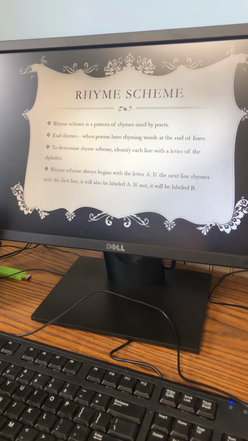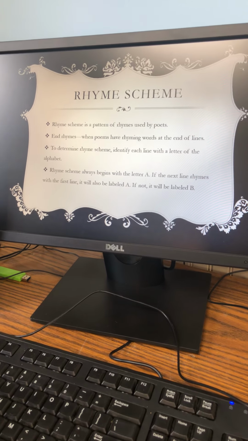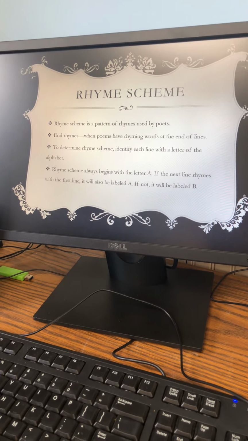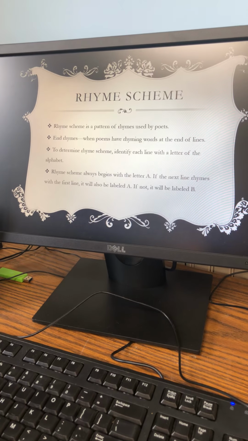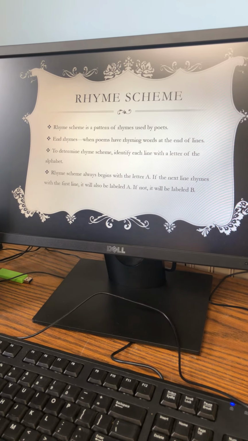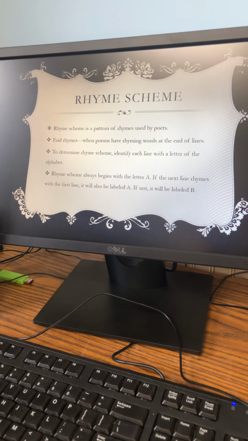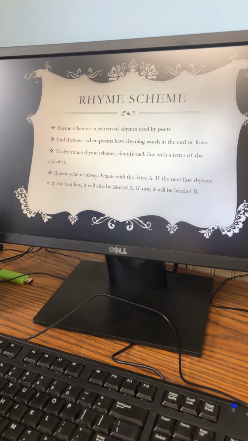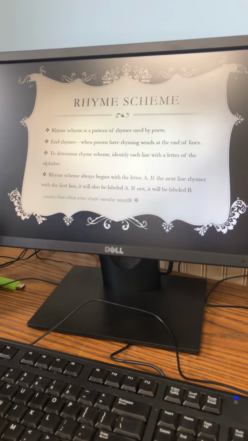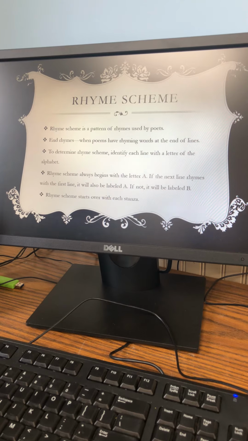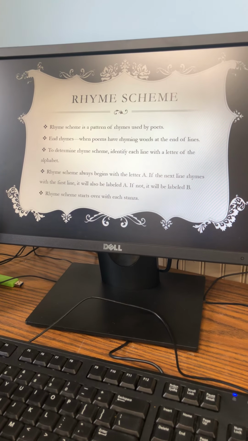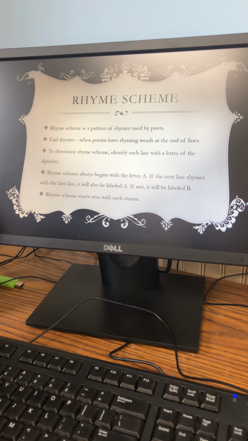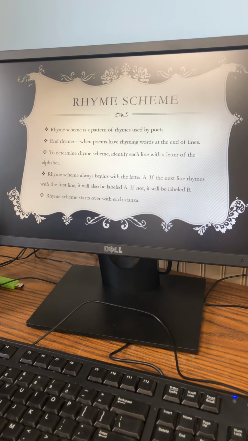So the first line of every poem will be labeled A. Actually, the first line of every stanza will be labeled A. If the next line has an end rhyme that rhymes with the first line, then it also gets the letter A. If it does not, it gets the letter B, and so on. Again, it'll be easier when you can see an example. Every time you start a new stanza, you completely start over the rhyme scheme. So, like I said, the first line of every stanza will always begin with the letter A, so none of you should ever miss that.